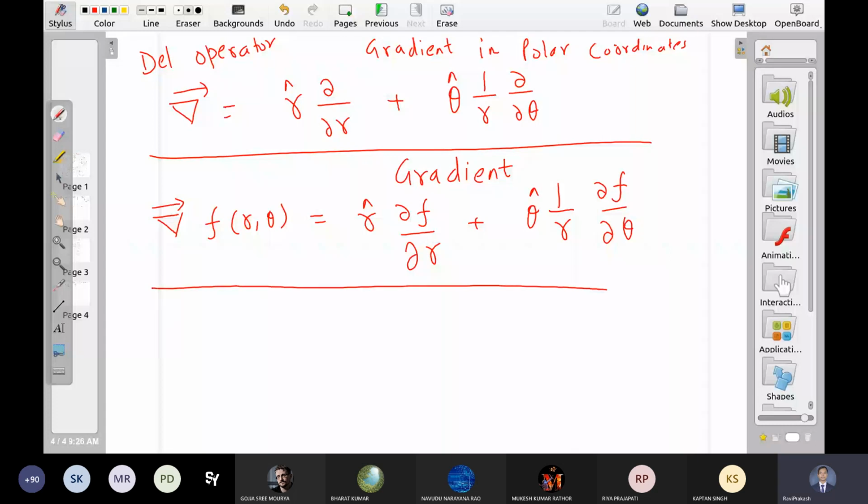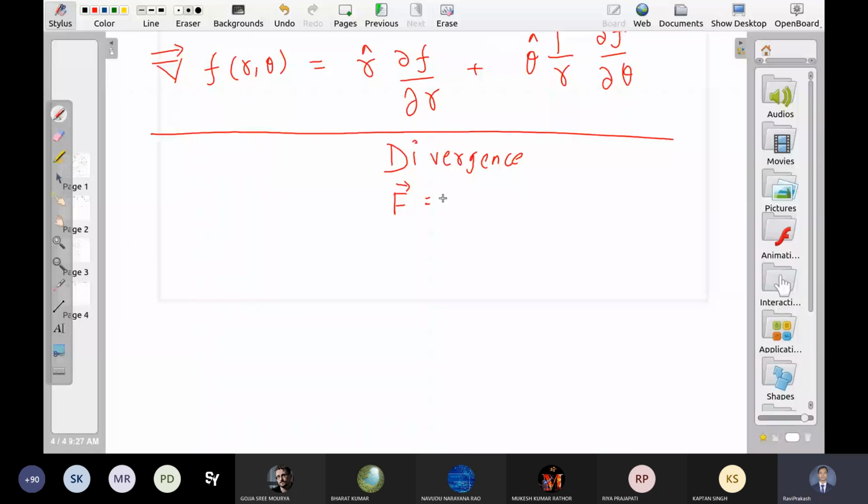Now divergence. Obviously divergence works for some vector function. So let us say this is the vector function. Vector f is given by f1, which is a function of r and theta, r cap, plus another function f2, a function of r and theta, theta cap.